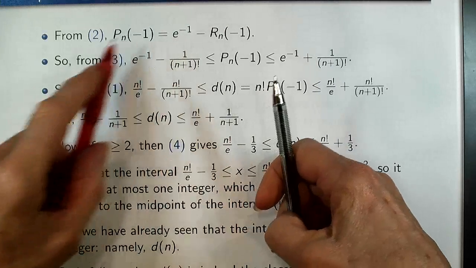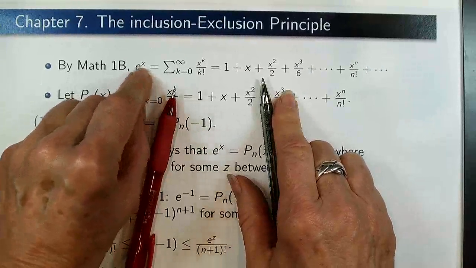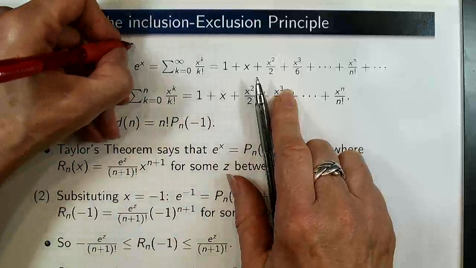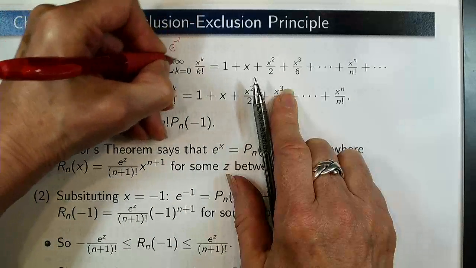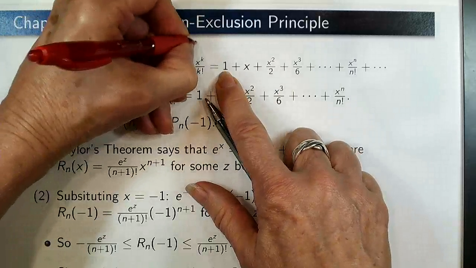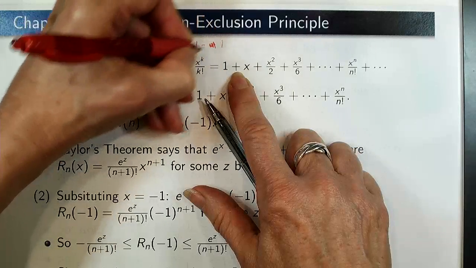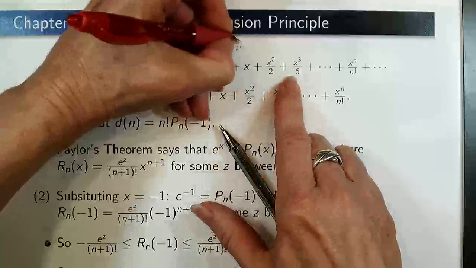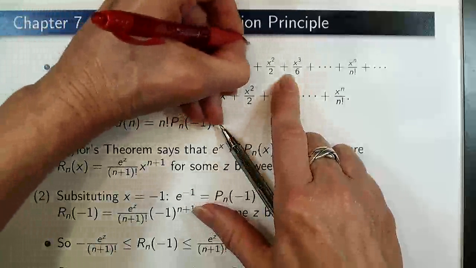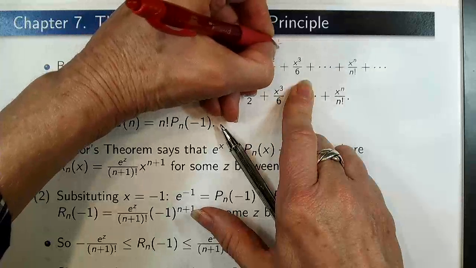But the thing is, right back up the top, if I put x equal to -1 here, we're looking at e to the -1, and we get 1 minus 1 plus a half, which is 1 on 2 factorial, minus 1 on 3 factorial, plus 1 on 4 factorial.